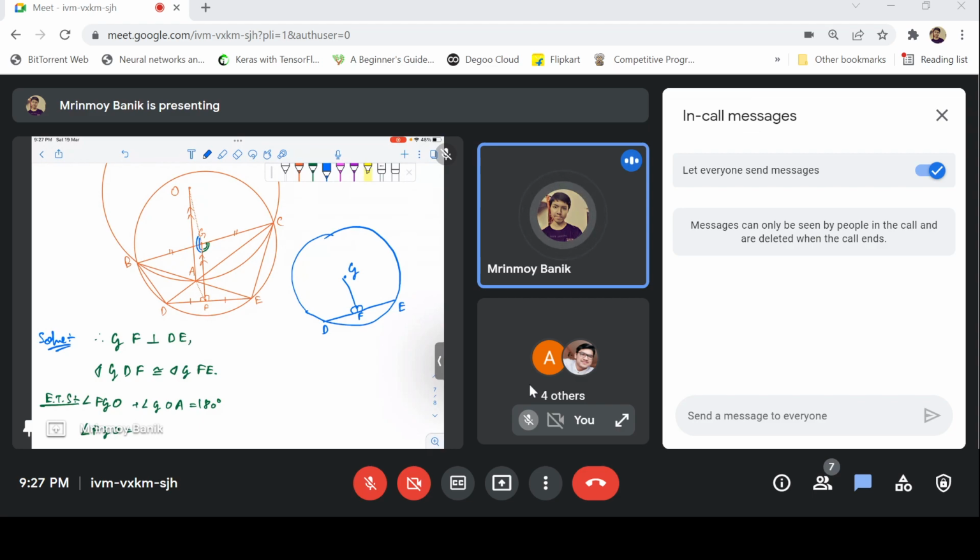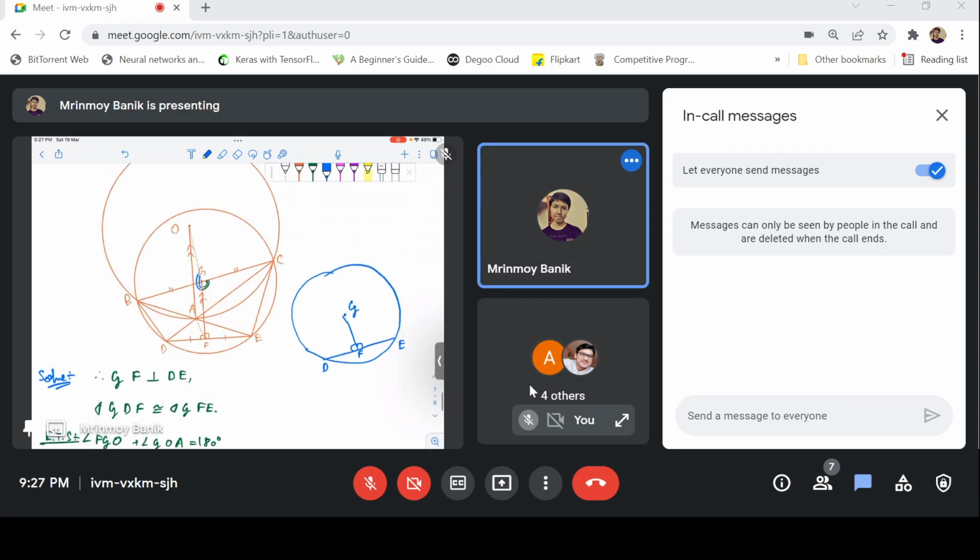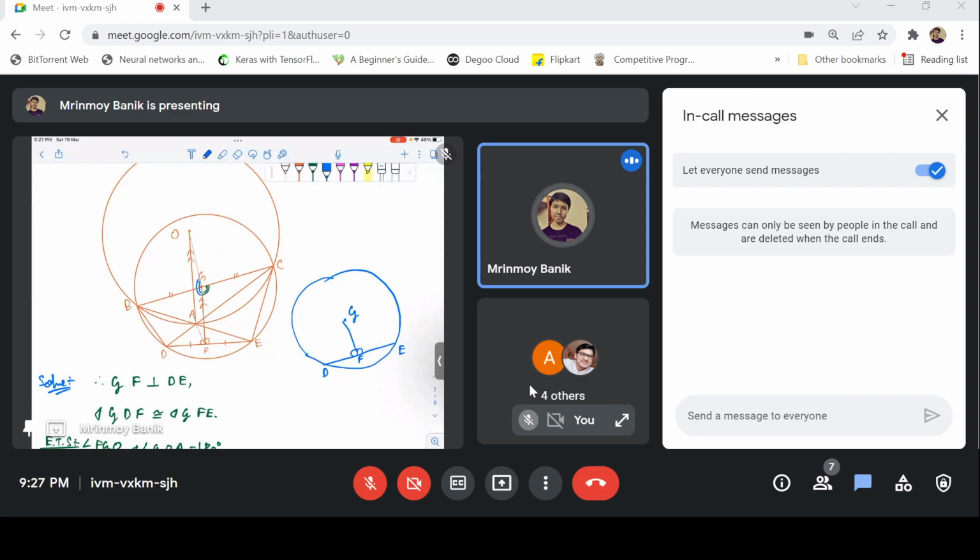And the construction of O is pretty difficult. Hmm. So it's the circumcircle.